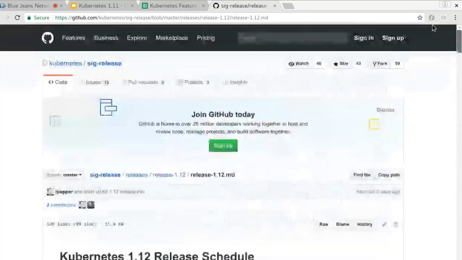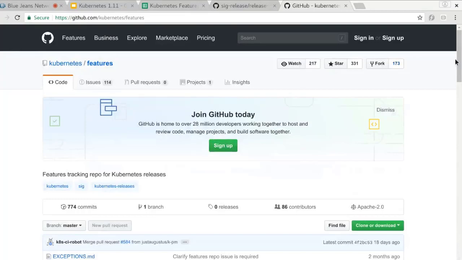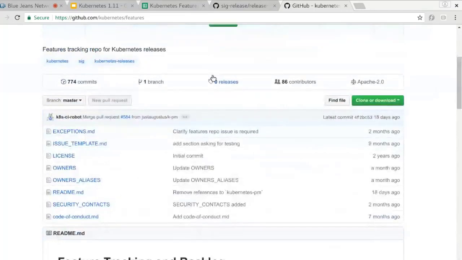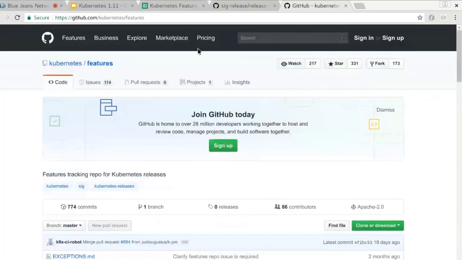I tend to be a lot busier during the first third or so of the cycle, and my role tapers off a little bit. It's a little bit maintenance mode, following up on things that have slipped towards the end of the release cycle. So what we're doing right now is features collection. That's me filling out the spreadsheet, contacting people, making sure that features are properly vetted and the right people are plugged into the feature tracking repo.